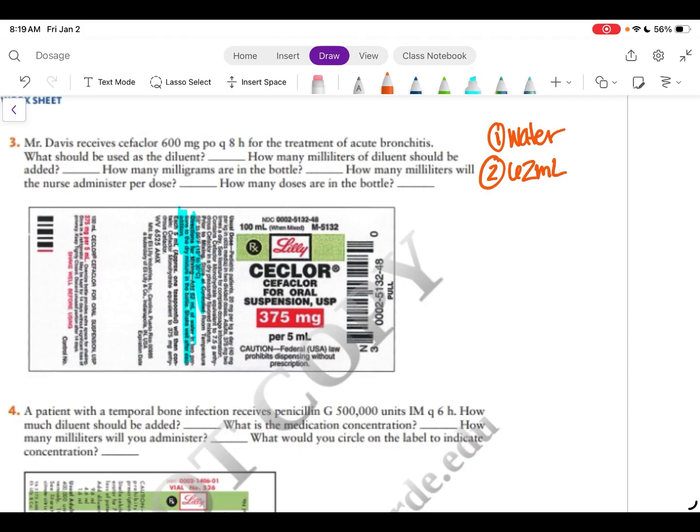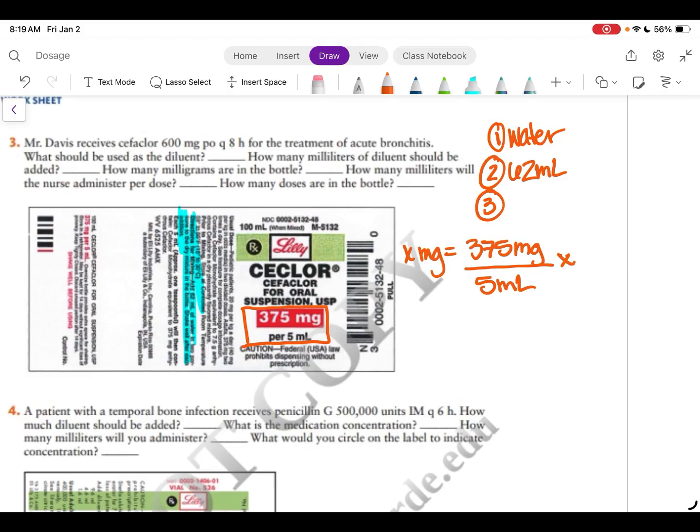Okay. How many milligrams are in the bottle? All right. X mg. All right. Looking right here for my dosage strength. So in this case, we have 375 milligrams for every 5 milliliters, right?